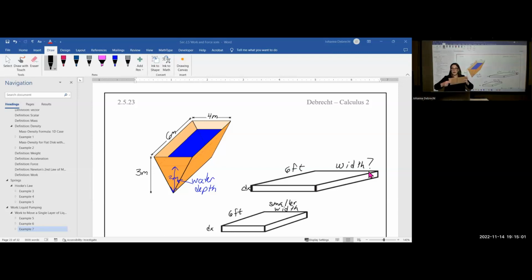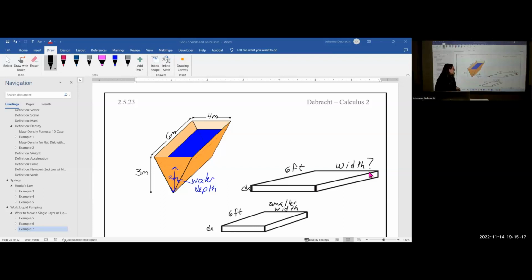So we need to figure out an equation for that cross-sectional area of the surface of each of the little water layers. And that will enable us to figure out how to find the volume by multiplying it by the differential dx.